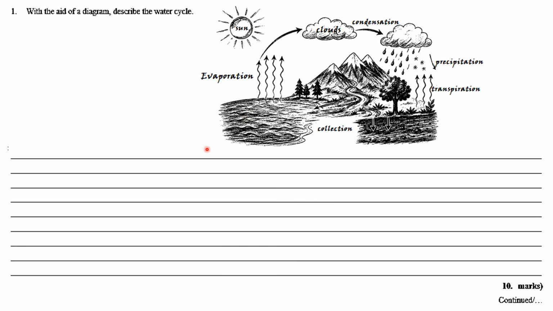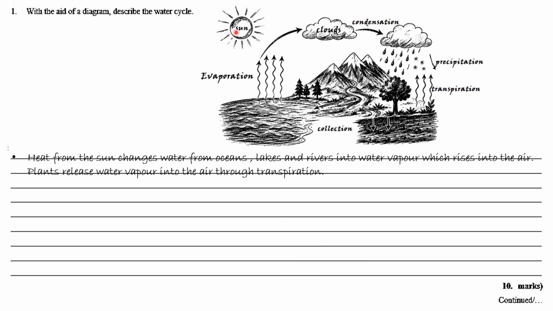All right. So in describing the water cycle using the diagram, you have to include the following details. Remember, we said that the sun is the source of heat energy.